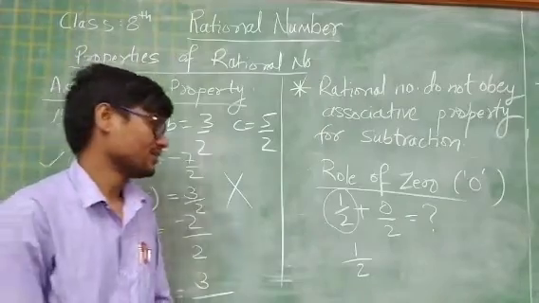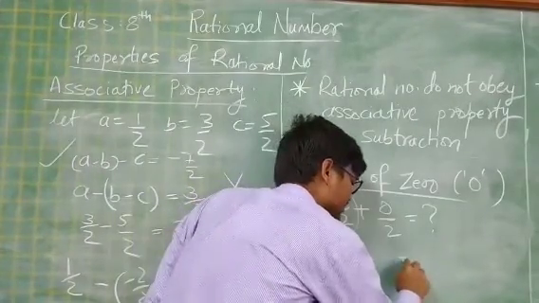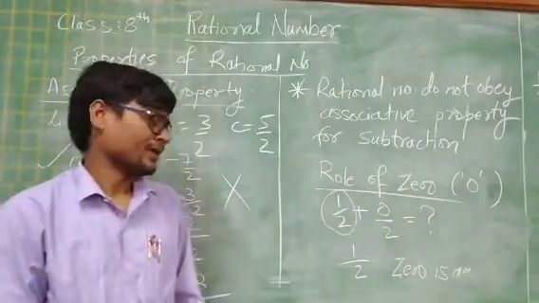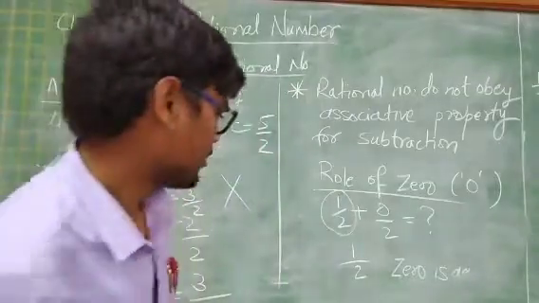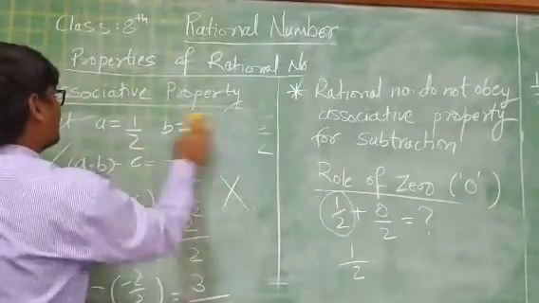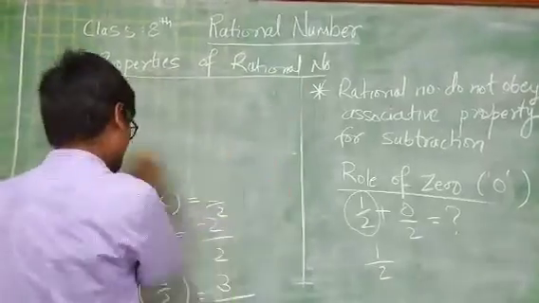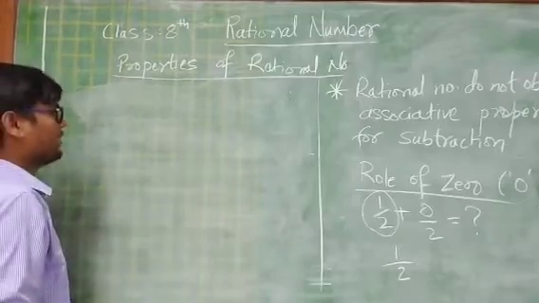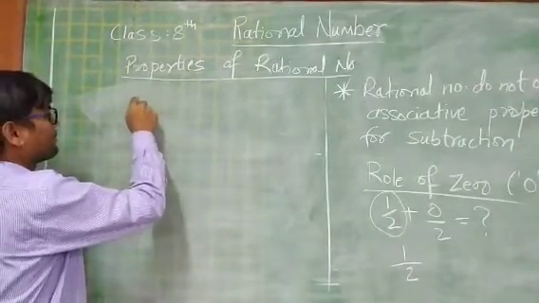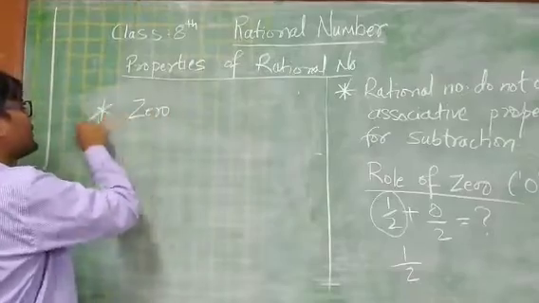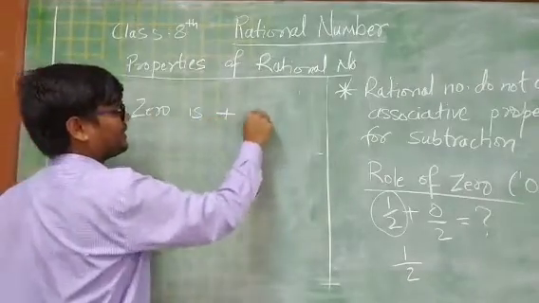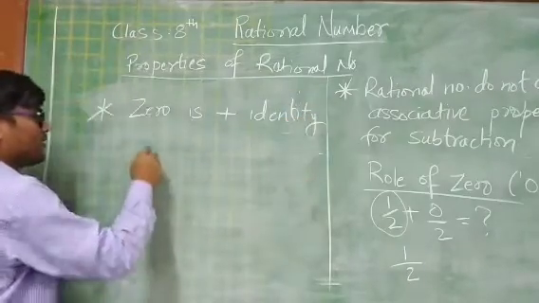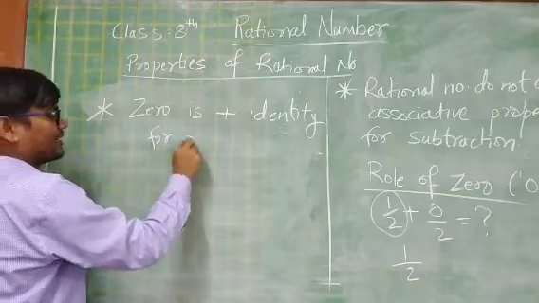Therefore we say that 0 is additive identity for rational numbers.